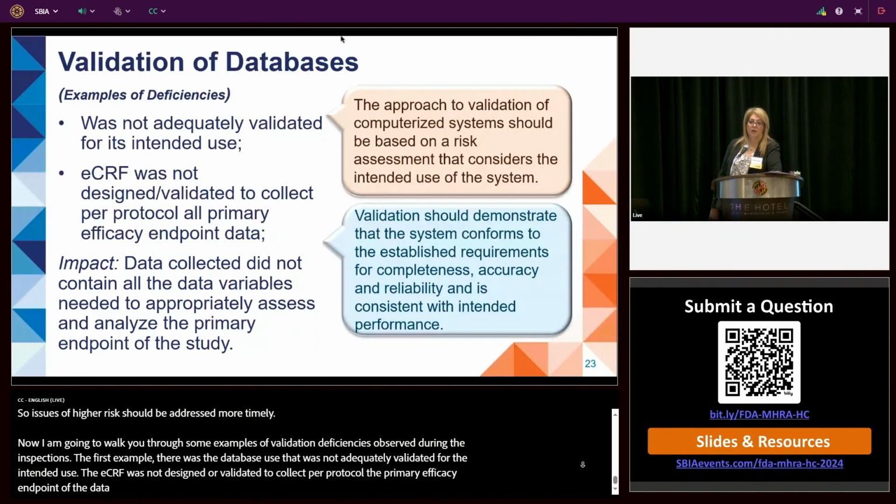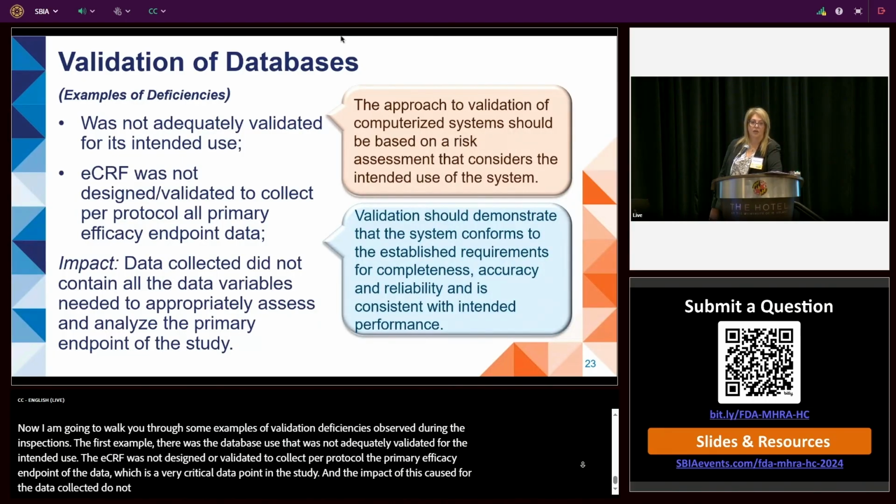The impact of this was that the data collected did not contain all the data variables needed to properly assess and analyze the primary endpoint of the study, so at the end we had incomplete data.